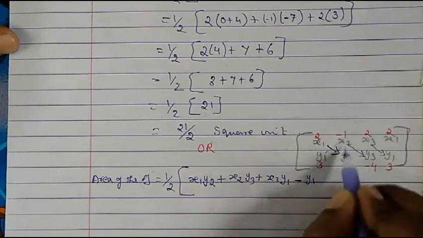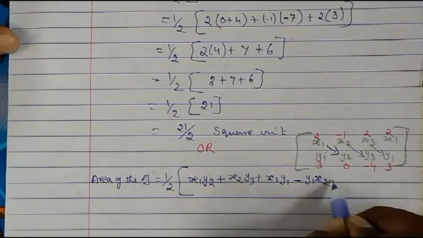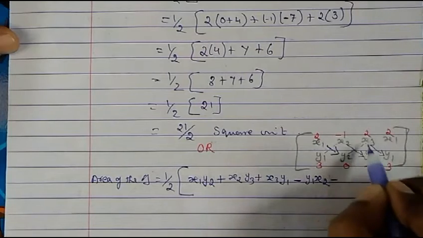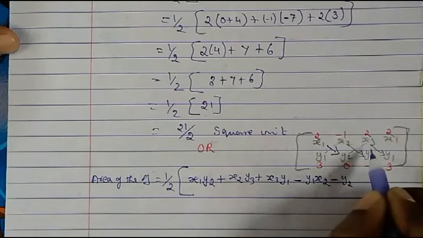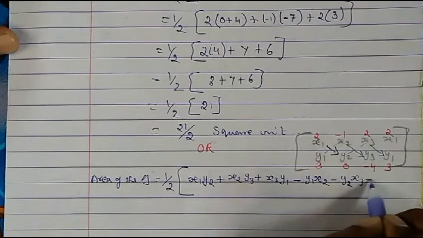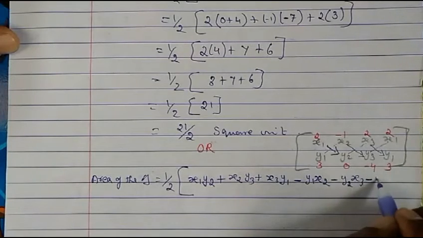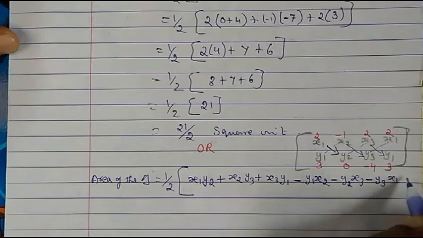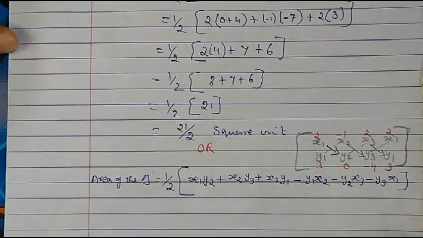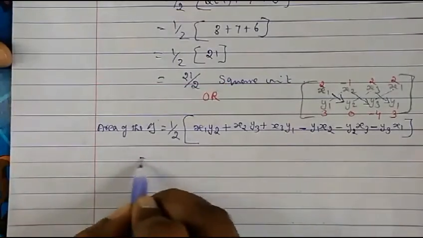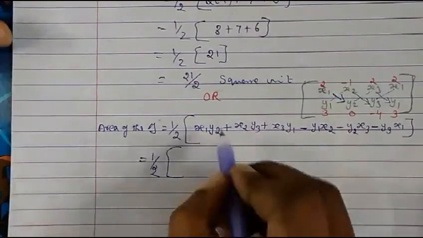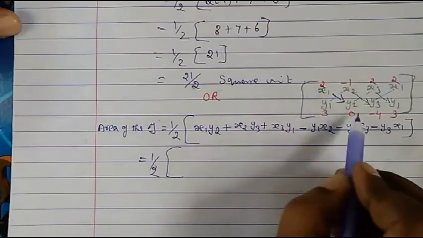Once this direction is over, change the sign to minus. Now this direction, that is y1 x2 minus y2 x3 minus y3 x1. Like this we have to write the formula.